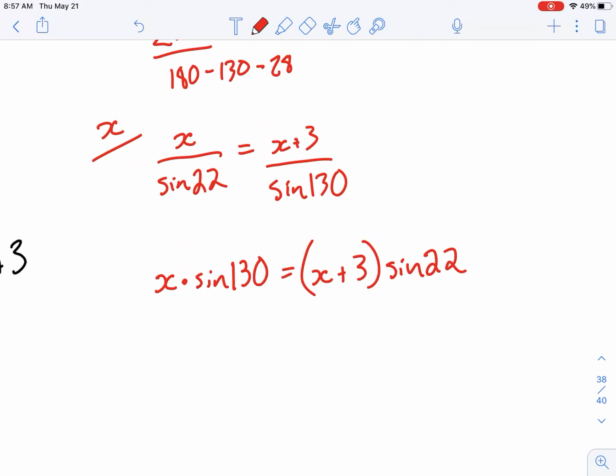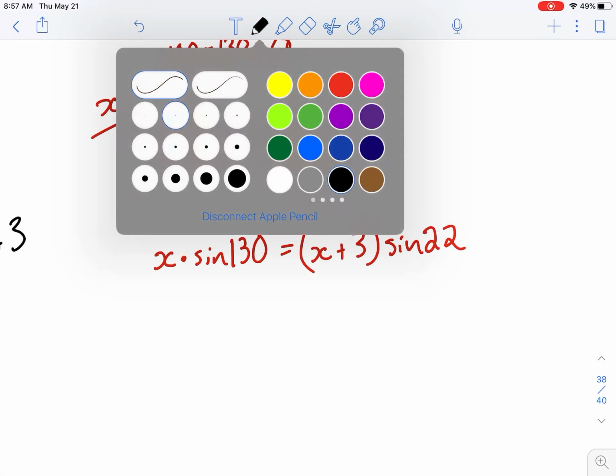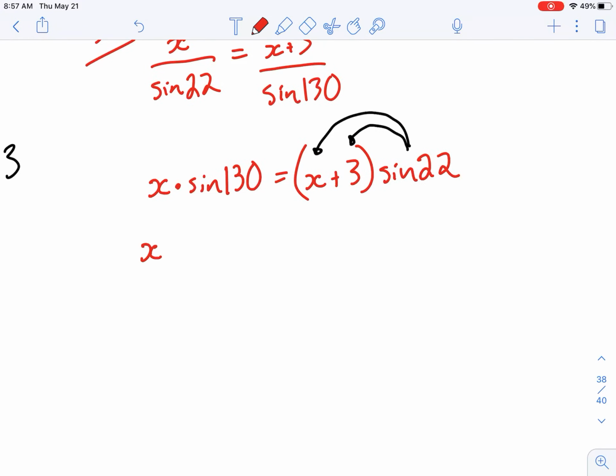So I'm going to multiply the denominator by both sides, get them out of the denominator. Then if you're an arrows man, you can draw in your arrows here. Distribute sine 22 into those brackets. Nothing happens on the left-hand side. Keep that as is. X times sine 22 plus 3 times sine 22.